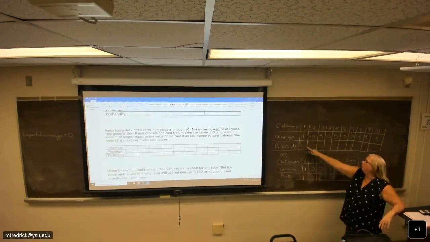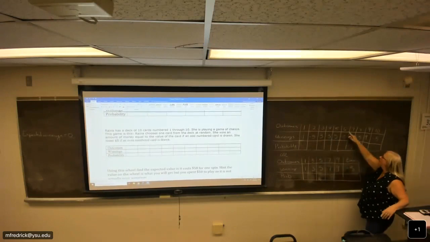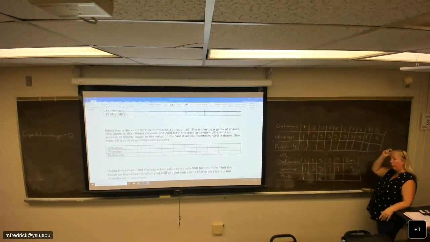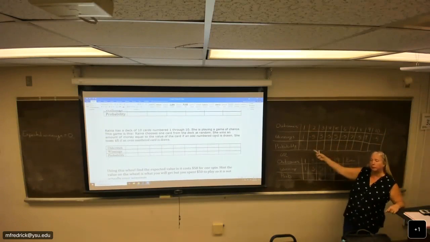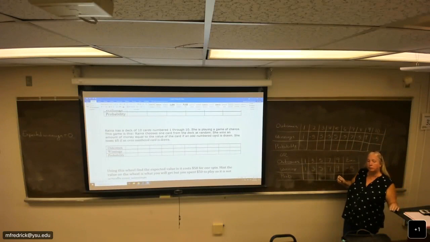So for the probabilities on this one, because we put every single one and we assumed every card was equally likely, what was the probability here? On these, they were all 1/10.